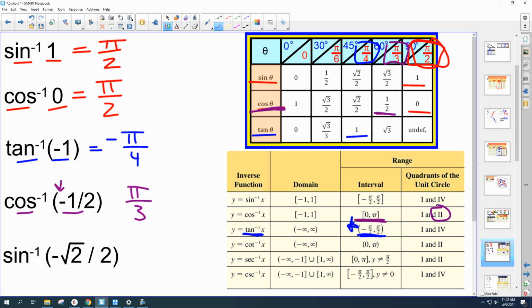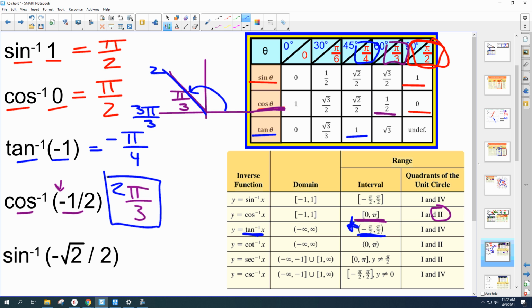And this is telling me that that location is in the second quadrant. So what we have to do is think about a pi over 3 in the second quadrant. There is no third or fourth. There's no such thing. A pi over 3 in the second quadrant here. So that's pi, we'll call it 3 pi over 3. So this angle is right before that. This must be 2 pi over 3. Okay?